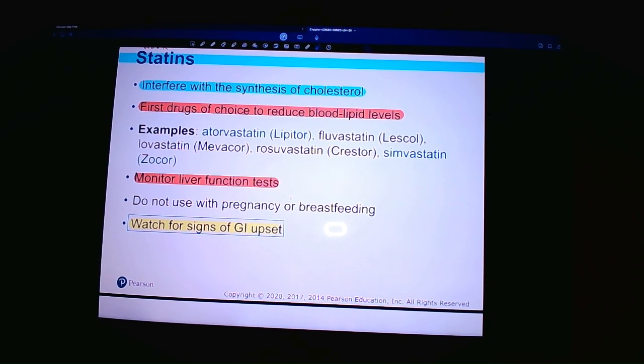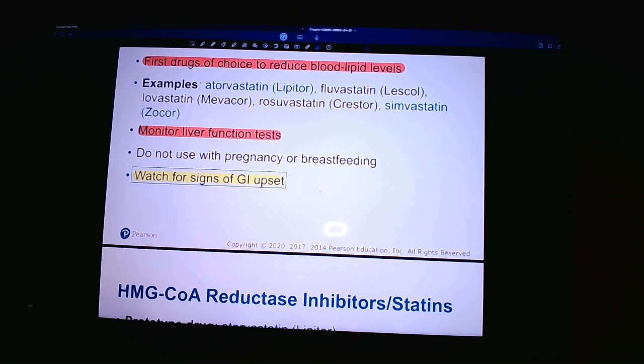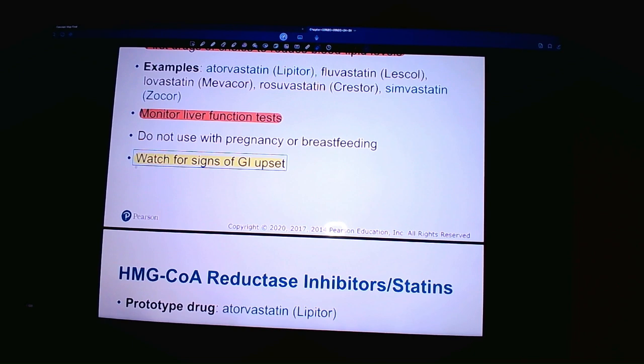The PUD one is in the stomach. I'm sorry, the statins one is doing the liver, right? So if you're constantly affecting something occurring in an organ, you probably want to check out the organ because sometimes things can occur. Generally, the GI upset is just more referring to a side effect.